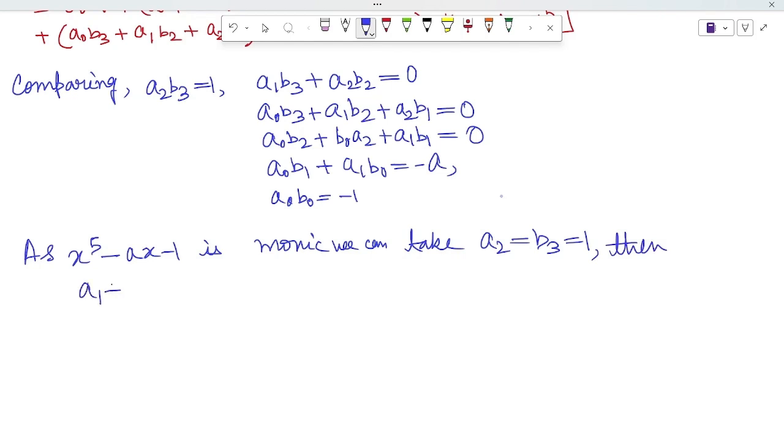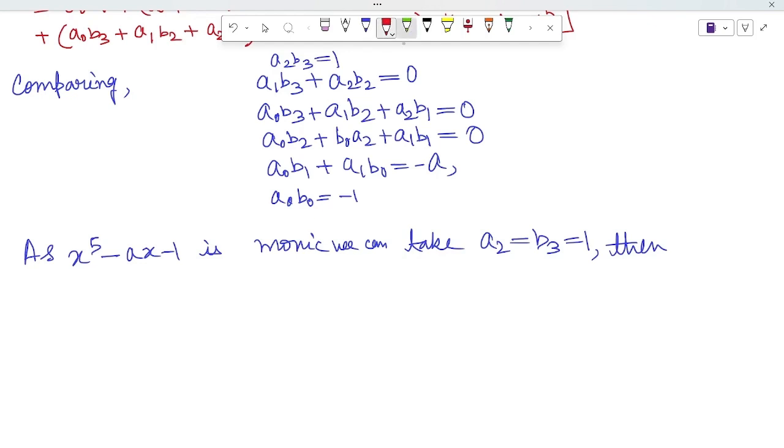So A2 B3 is 1. Then what is the set of the polynomial?